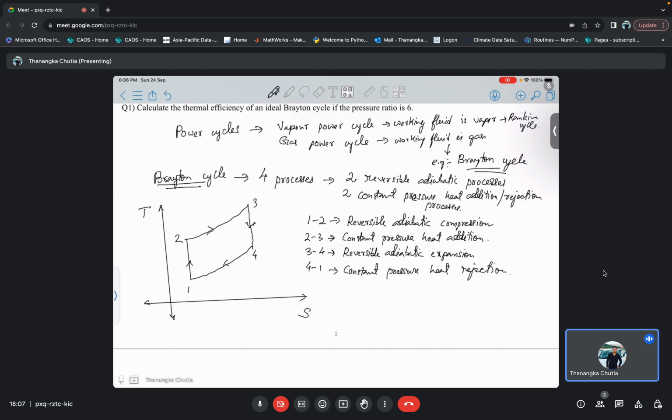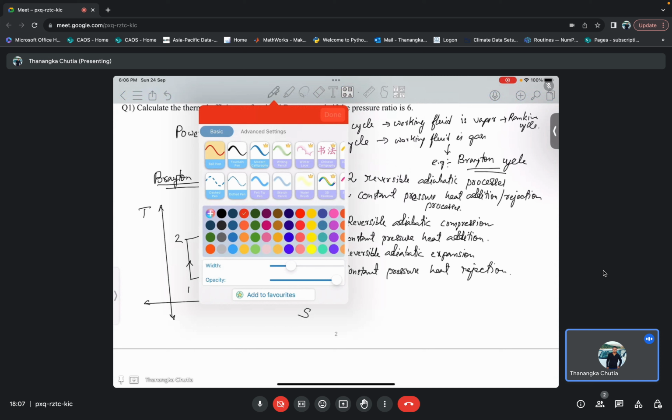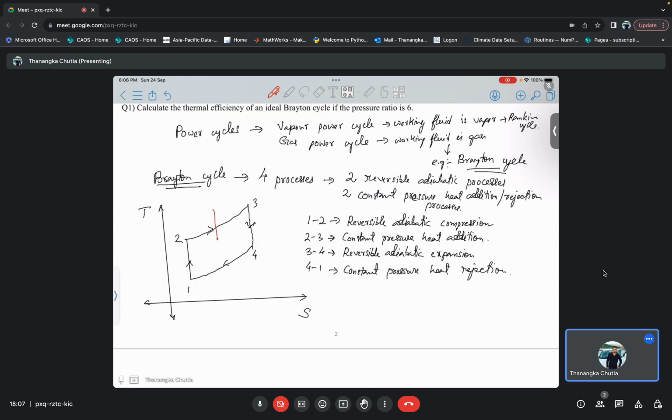So these are the 4 processes which we have to deal with. So this will be a constant pressure heat addition Q1, Q2 is the constant pressure heat rejection, WC is the adiabatic work of compression, and WE is the adiabatic work of expansion. So these are the different processes.